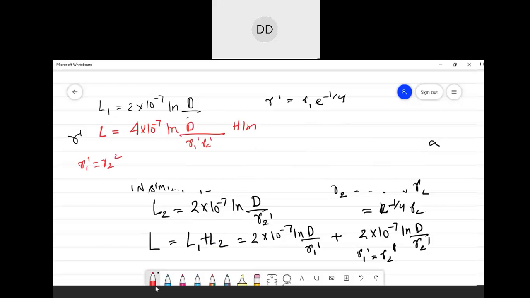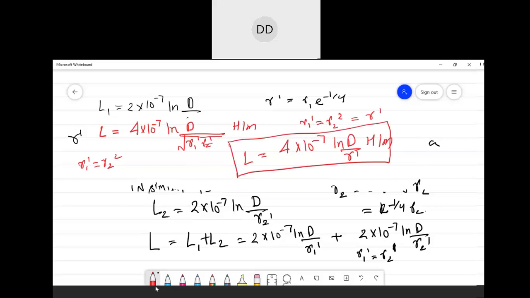So these are the values we will be arriving at. In other terms, r1 dash is equal to r2 dash, equal to r dash. Then the total inductance L would be equal to 4 into 10 power minus 7 in d by r dash Henry per meter. So this is the final expression of the inductance that we are getting.